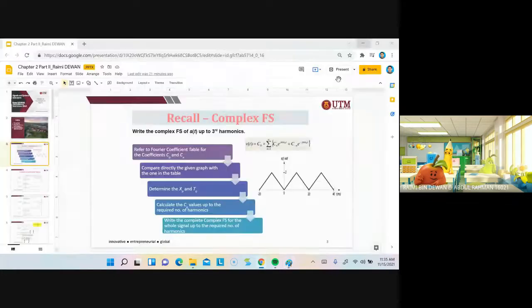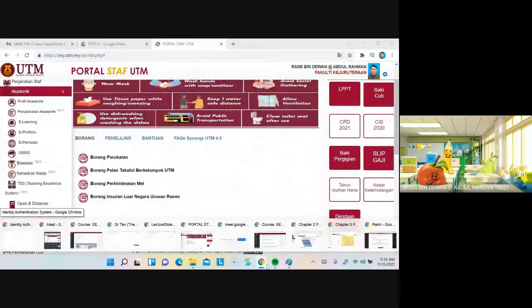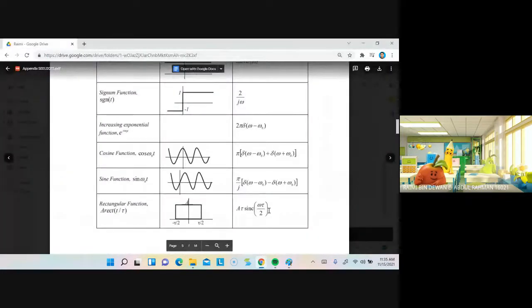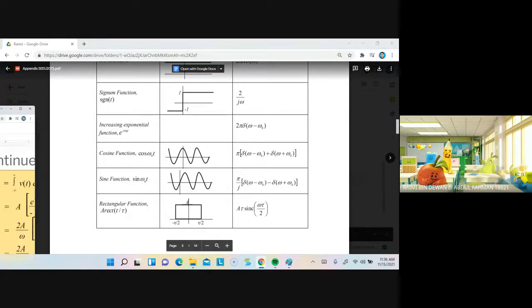So this is how you get it. This is how you actually get A tau times sinc of omega tau over 2.